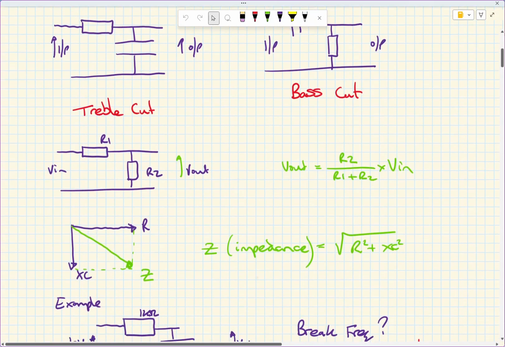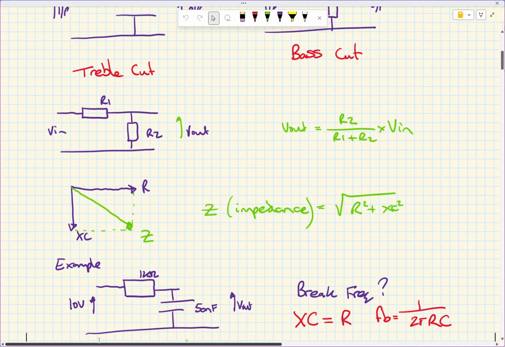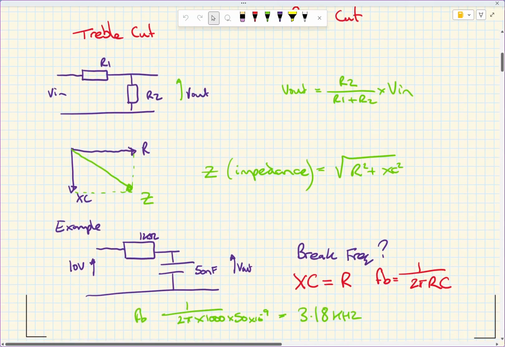So if we look at this example, I've got my capacitor here, so that's across my output. First of all, we'll want to work out what the break frequency is. The break frequency is when XC equals R. So when the value of that equals that, we can pop that into the formula and we get 3.18 kilohertz. Okay.